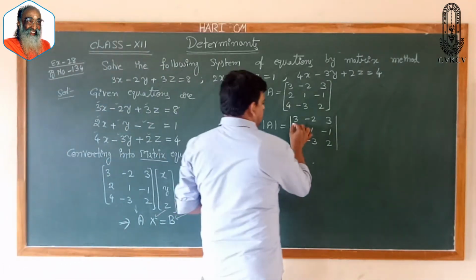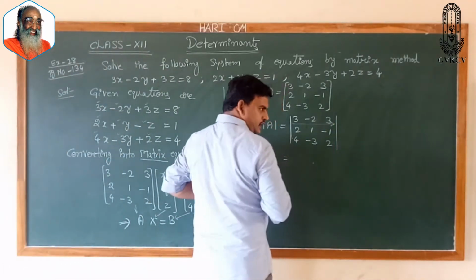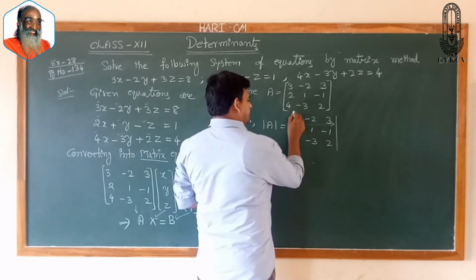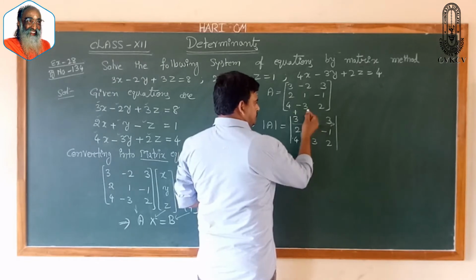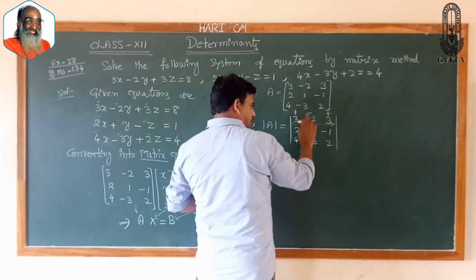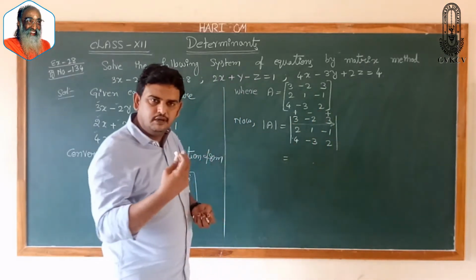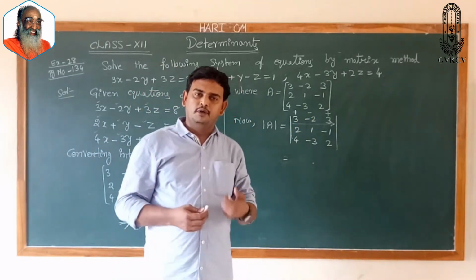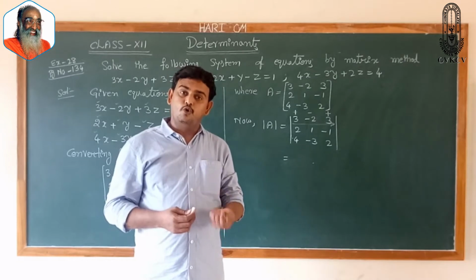When we are expanding with row 1, first we have positive, next negative, next positive. Alternating signs will come. Now you can understand why these alternate signs come. We have seen minors and cofactors.